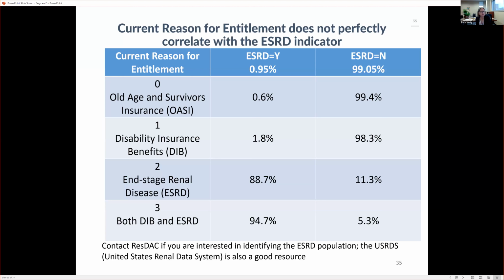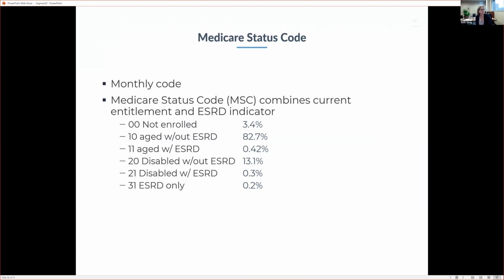The reason we tell you this is not to create extra categories, but if this is something you care about, a reminder that you're going to need to spend the time actually sorting it out, understanding it, and making some tough calls. The Medicare status code is a monthly code, and it rolls together end-stage renal disease and disability.